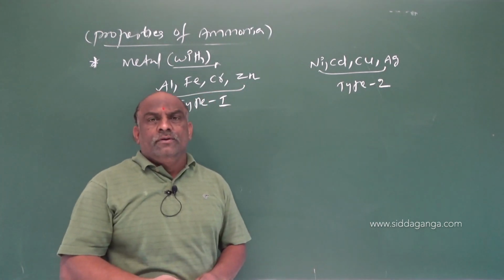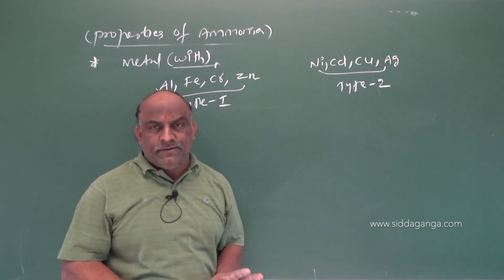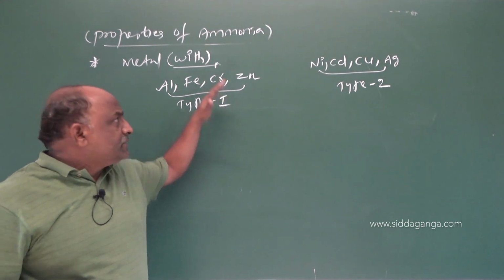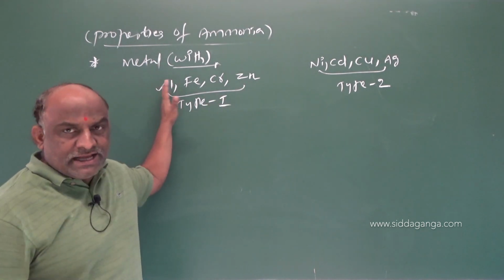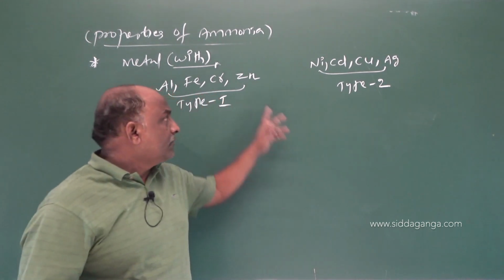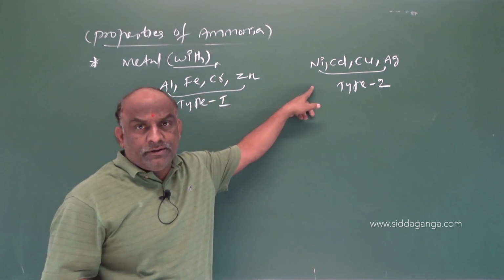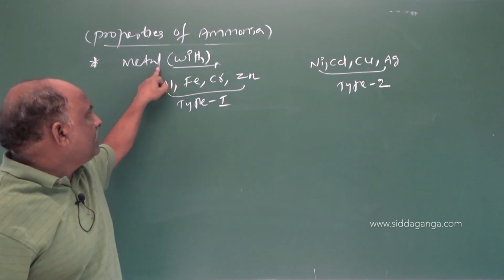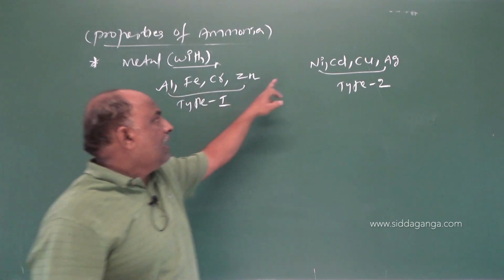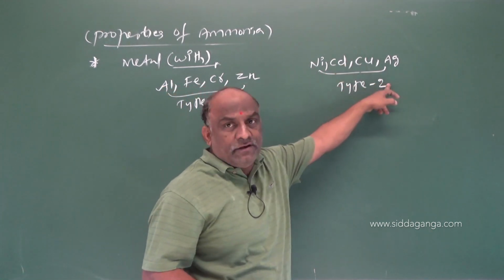So if you are revising this unit, a special focus is required for these reactions, because we expect questions from this topic only. What happens when ammonia reacts with iron or chromium, zinc or aluminum, and nickel, cadmium, copper, silver?